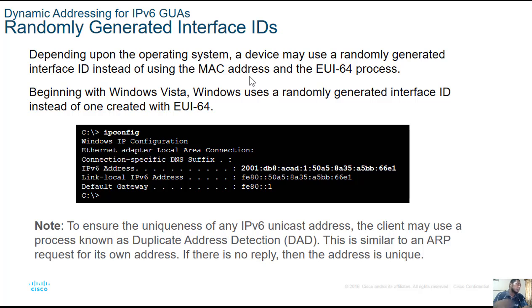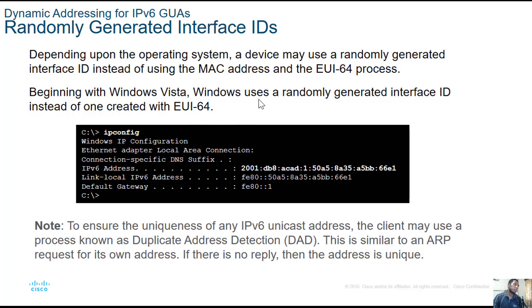Beginning with Windows Vista, Windows uses a randomly generated interface ID instead of one created with EUI-64. When you do this on actual hardware, as soon as you bring up the Ethernet network interface card options and go to IPv6, you will notice it randomly generates a unique identifier, the interface ID especially.